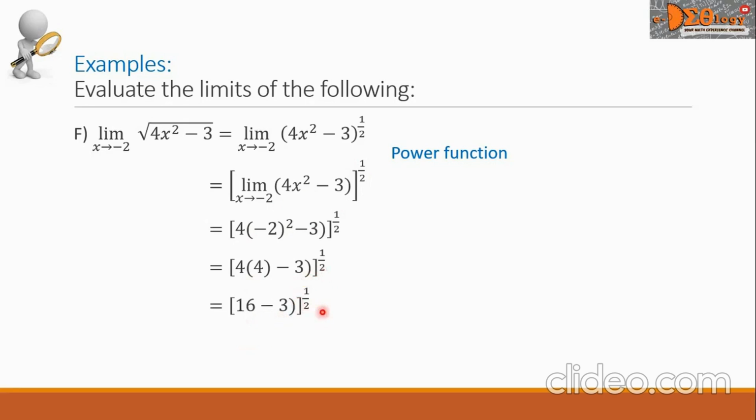And then the power 1/2 is still here. 16 minus 3 is 13 raised to 1/2. Putting this 1/2 exponent back into radical form, we have the square root of 13. This is our final answer.